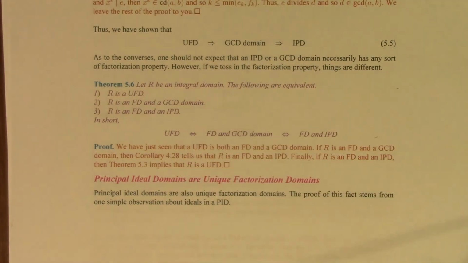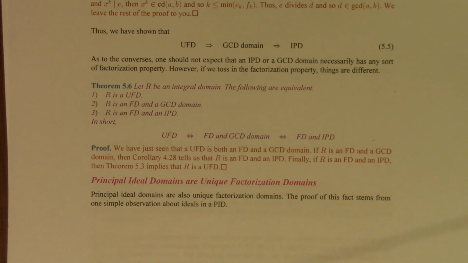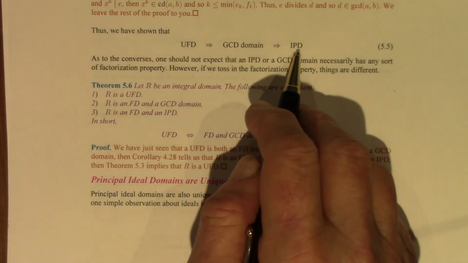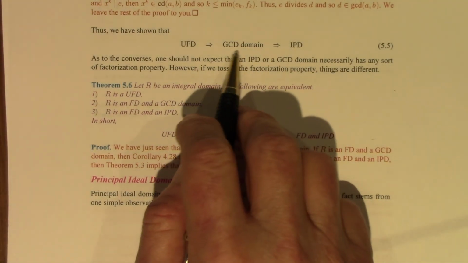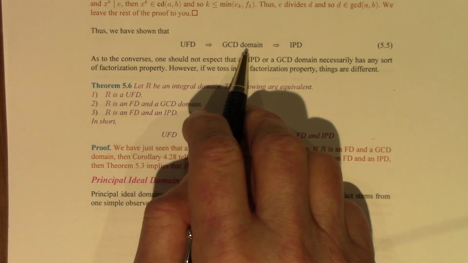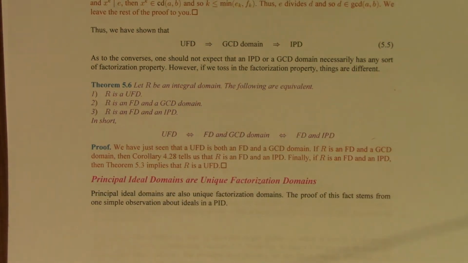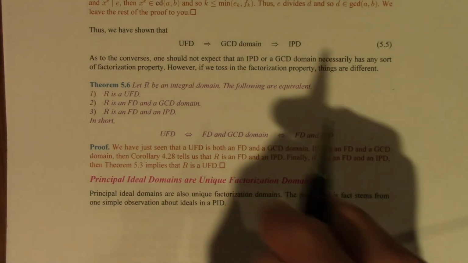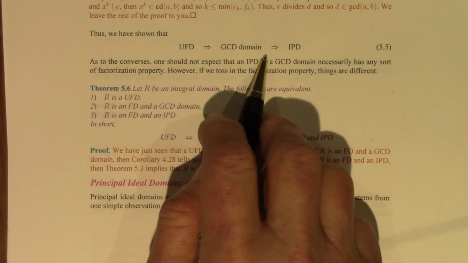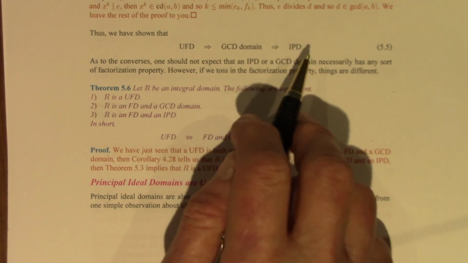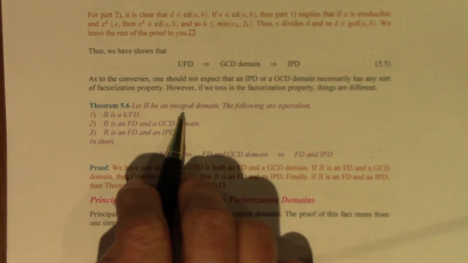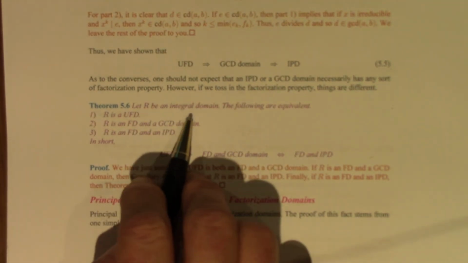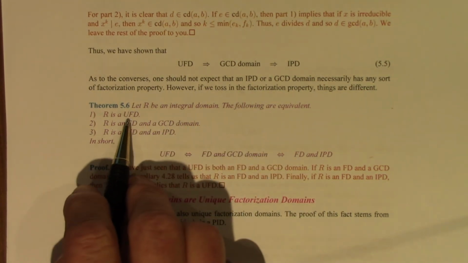As for the converses, you can't really expect that an IPD or GCD domain necessarily has any sort of factorization property. But if we toss in factorization, then things are different. So let R be an integral domain. The following are equivalent.